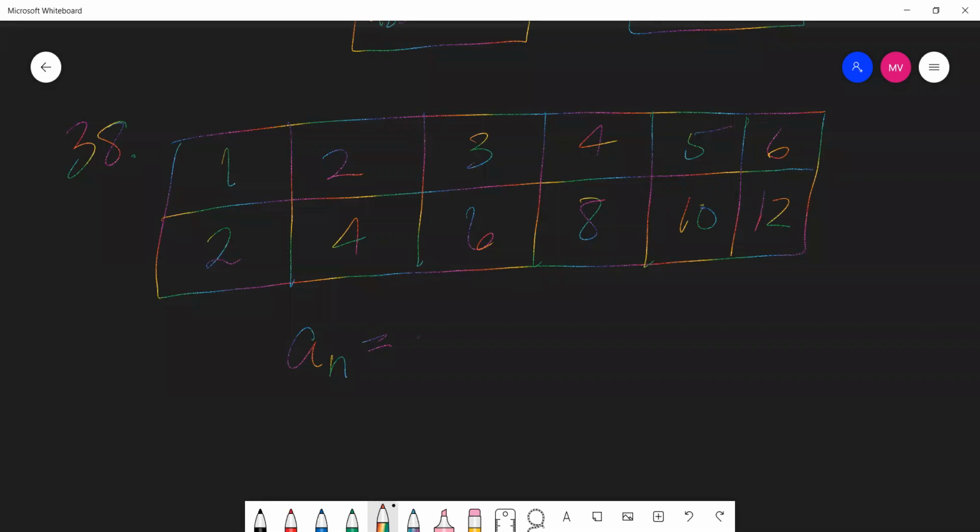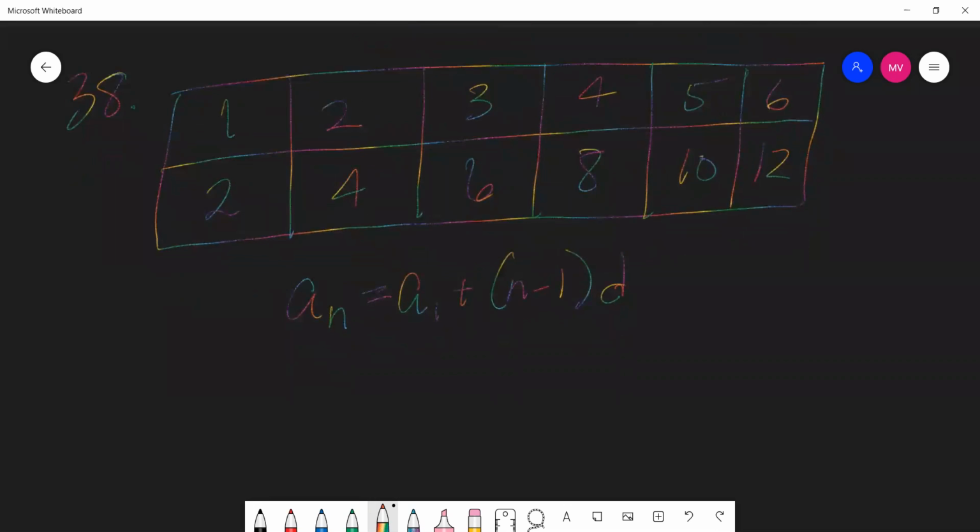What do we want to do? The first term plus N minus 1 times D, which is our 2. So we know the term at position N. They gave us that. What is it? That's our difference, and that's our A1. 38.